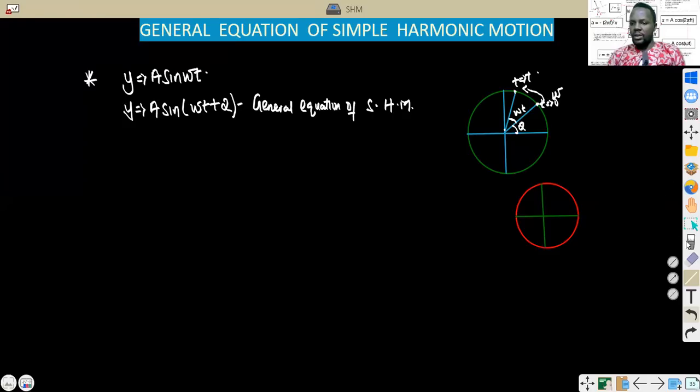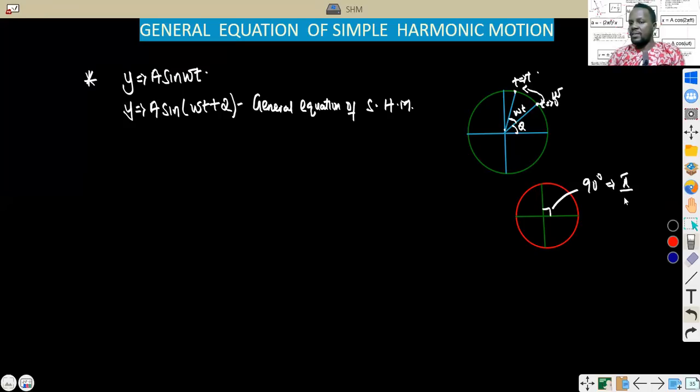We know the angle between this point and this point. Mathematics students know better: 90 degrees. So the total angle here is 90 degrees. So at initial phase here, the angle is 90 degrees. You write 90 degrees as pi by 2.